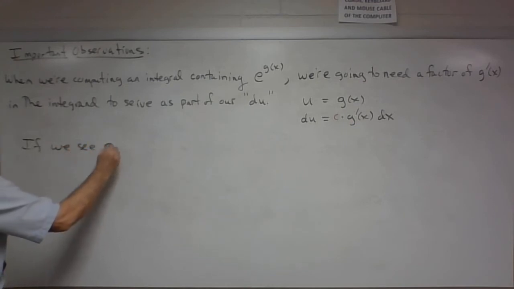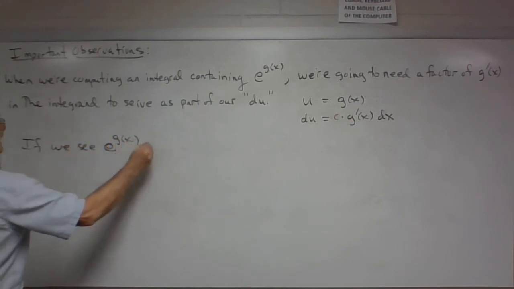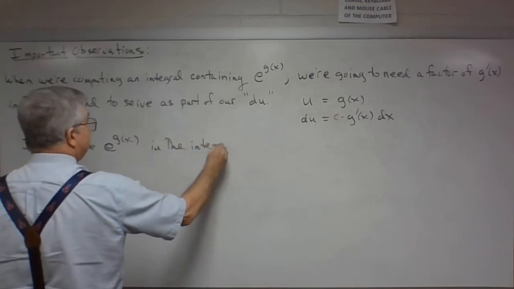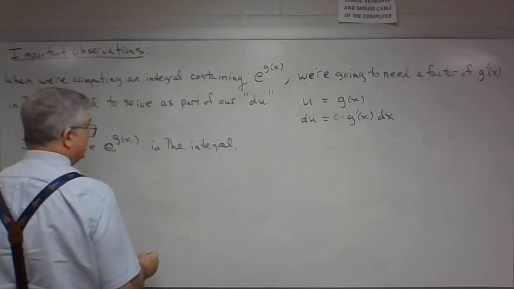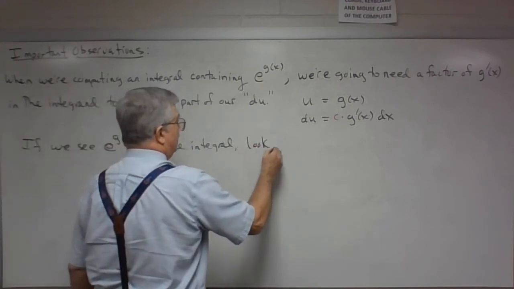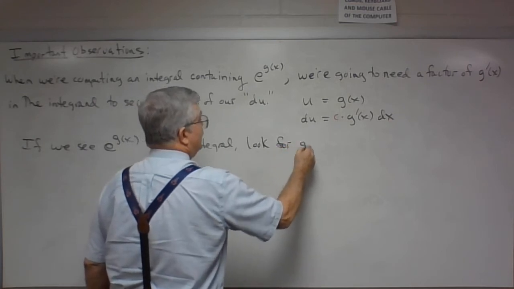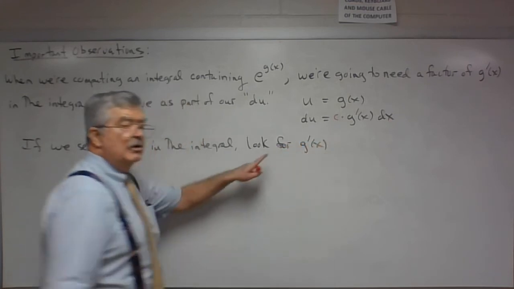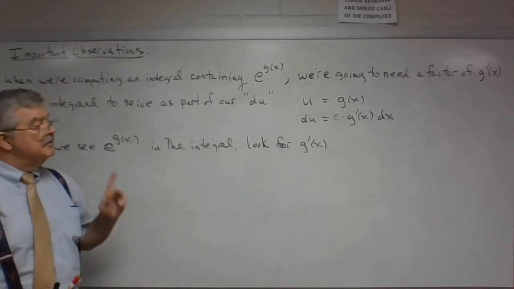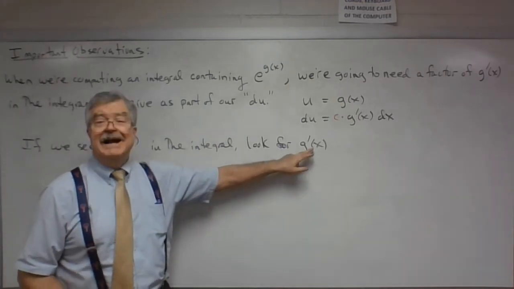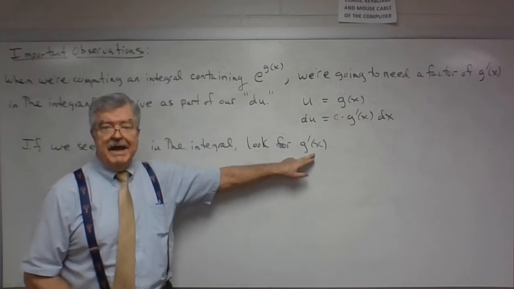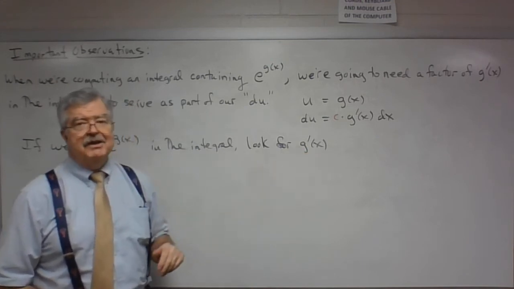So if we see e to the power of g of x in the integral, look for g prime of x in the integral too. g prime of x, or a constant multiple of g prime of x. That's the key.